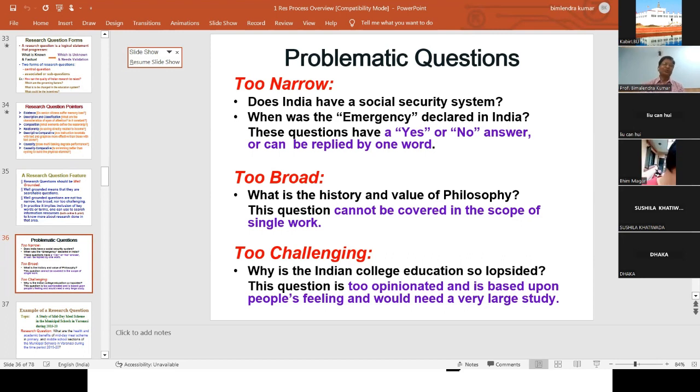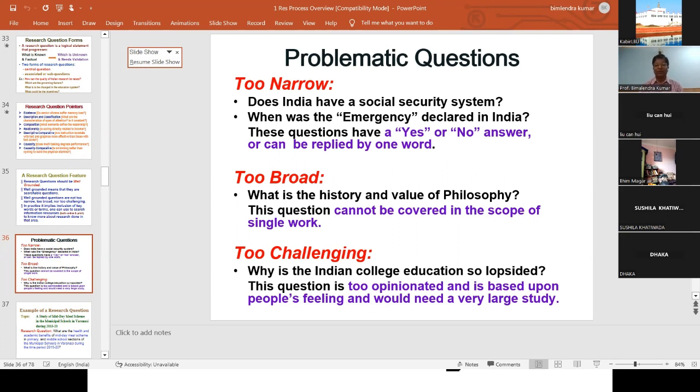There may be so many years needed to answer these questions. So there is no single work; there may be project work with the help of many researchers. They can solve these problems well.